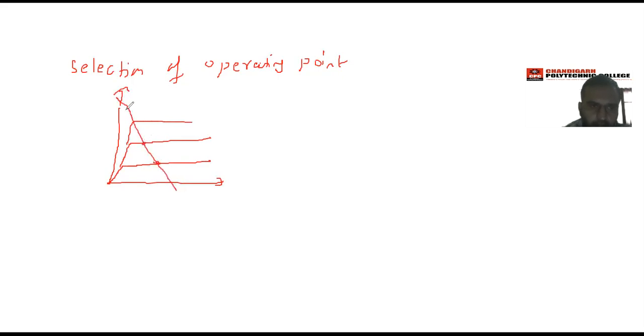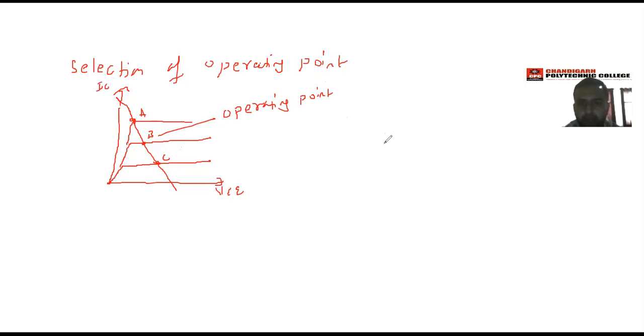There are three points named A, B, and C. Where the DC load line and output characteristic meet, that point is known as the operating point. We have three operating points in a circuit. So how can we select which operating point we need?